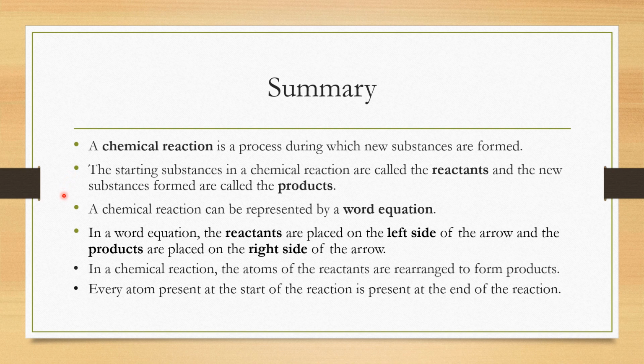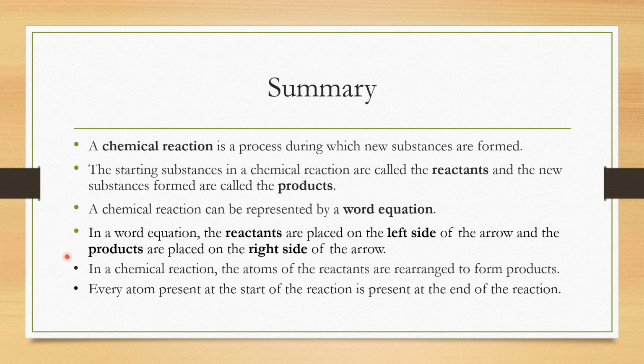You also learned that a chemical reaction can be represented by a word equation. In a word equation, the reactants are placed on the left side of the arrow and the products are placed on the right side of the arrow.